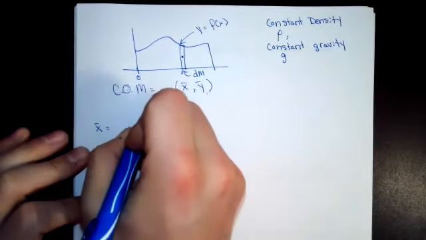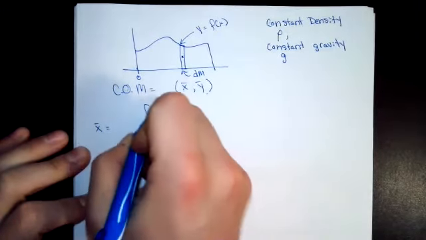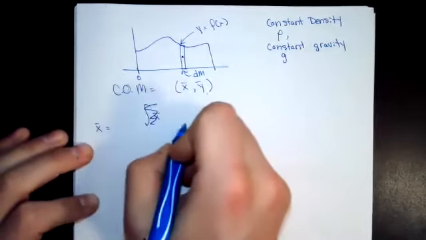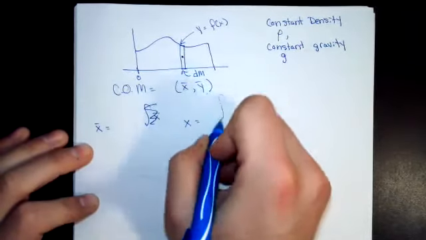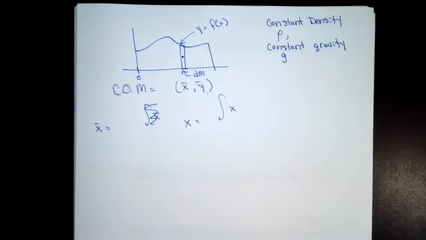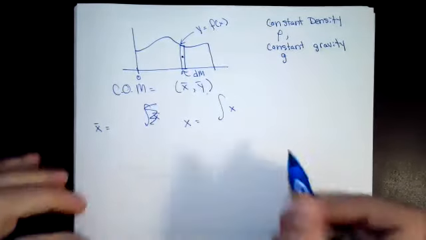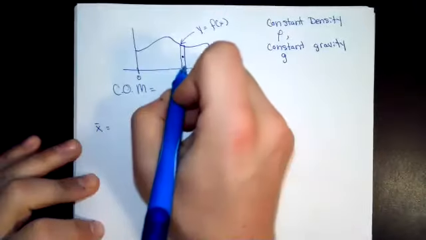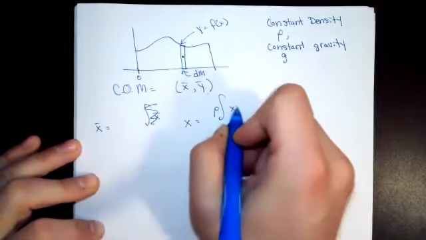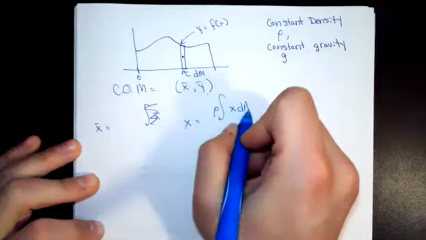So my x bar is going to say, weight each piece of mass by x times the density times the area.